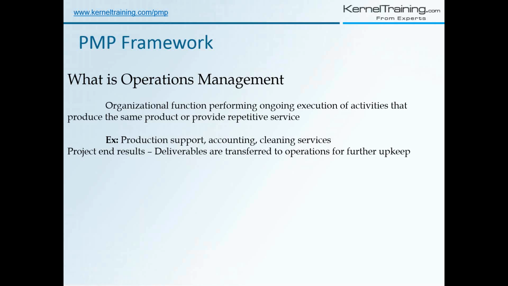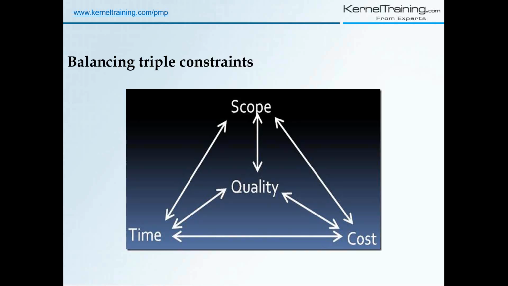Now the definition given in PMBOK: operations management is an organizational function performing the ongoing execution of activities that produce the same product or provide repetitive services, like production, support, accounting, cleaning services. Those are operations. All right, any questions so far?